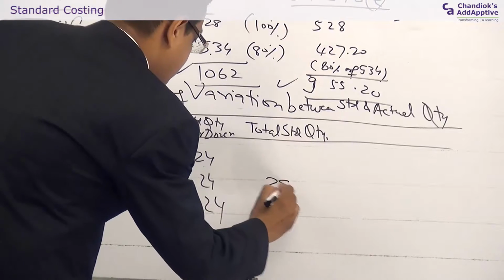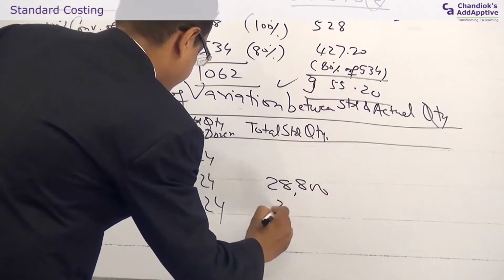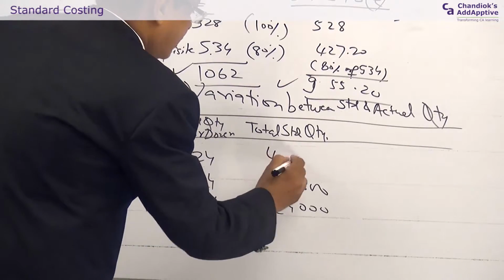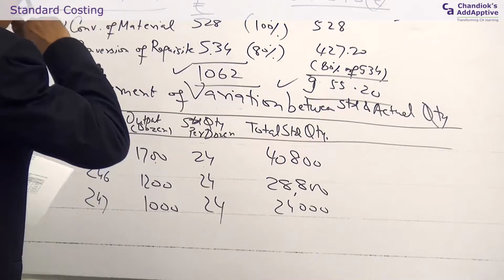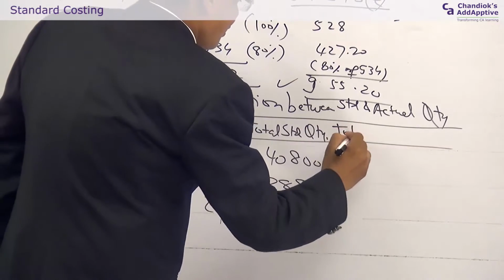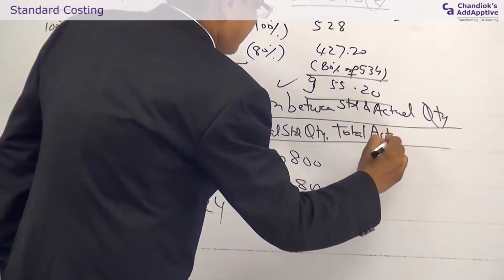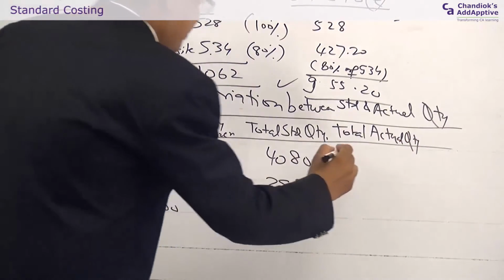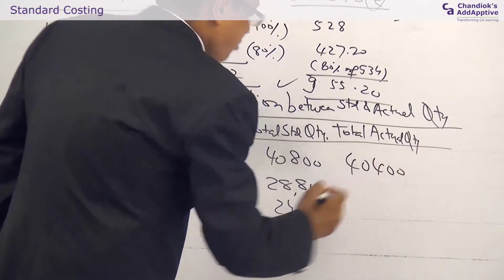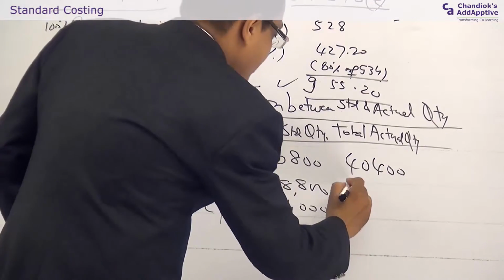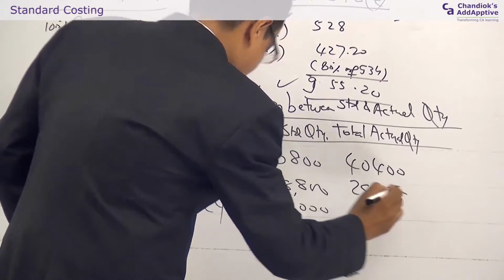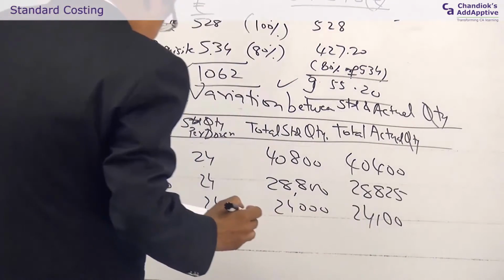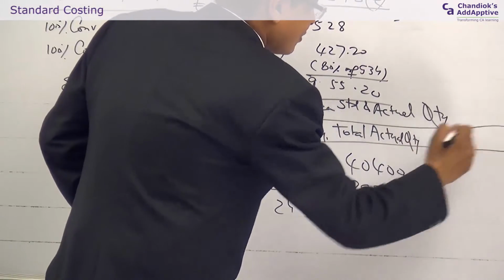So, this is 28,800, this is 24,000 and the first one is 40,800. Now, total actual quantity, the total actual quantity is given in the question: 40,400, 28,825 and 24,100.